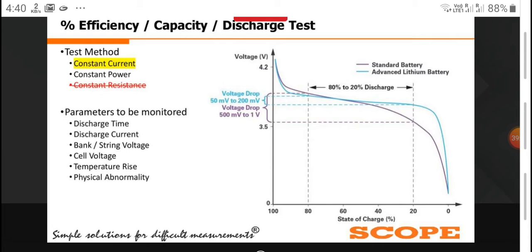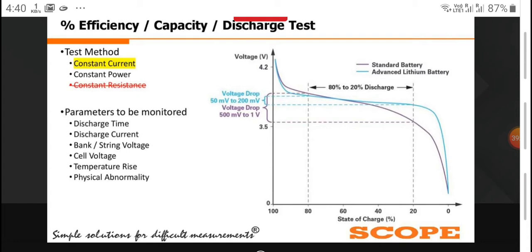Now whenever we are carrying out the discharge test, you see that when the discharge process is at about 80%, the voltage is gradually lowering, in an exponential way. And after the 20% point, the voltage again decreases exponentially.